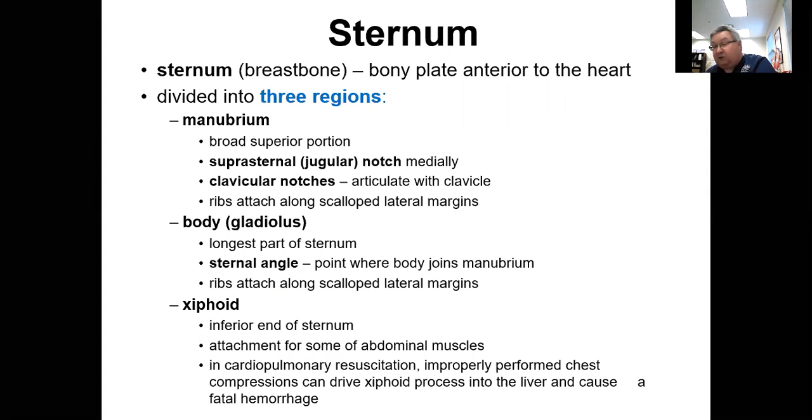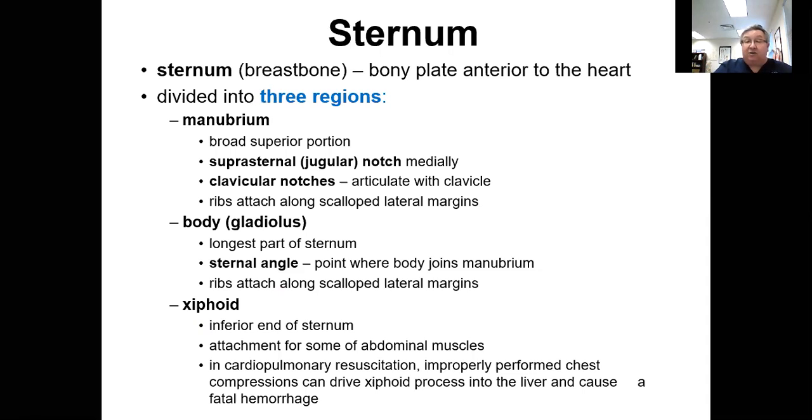But remember, I need you to know the parts of the sternum. The sternum is divided into 3 sections. The manubrium is the top section. The center part of the manubrium is known as the jugular notch. On both sides of the manubrium, we have clavicular notches where the clavicles attach.